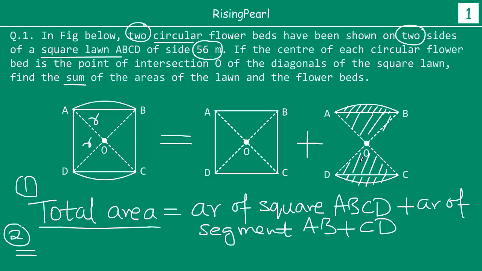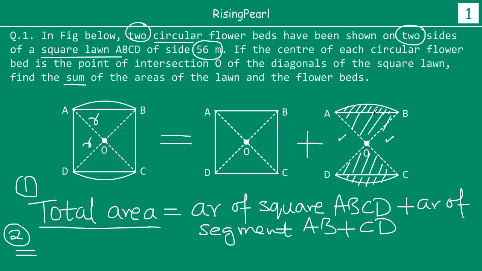So we add two sectors, and then to that we add half the area of the square, because the total will be this plus this and this, but this and this together is only half of the square.